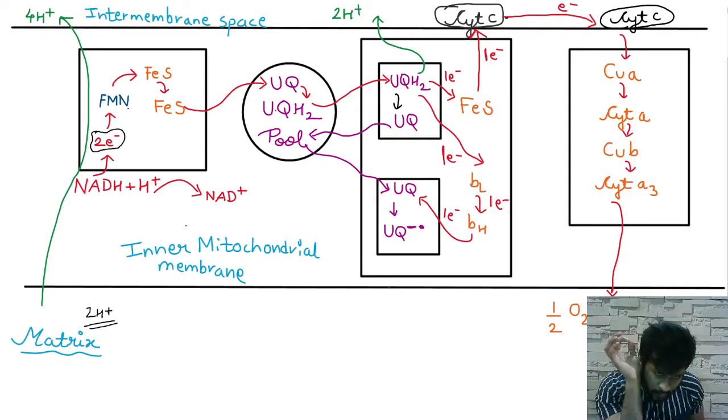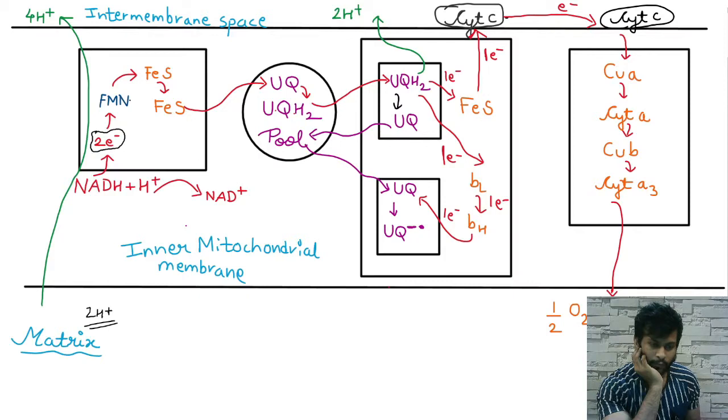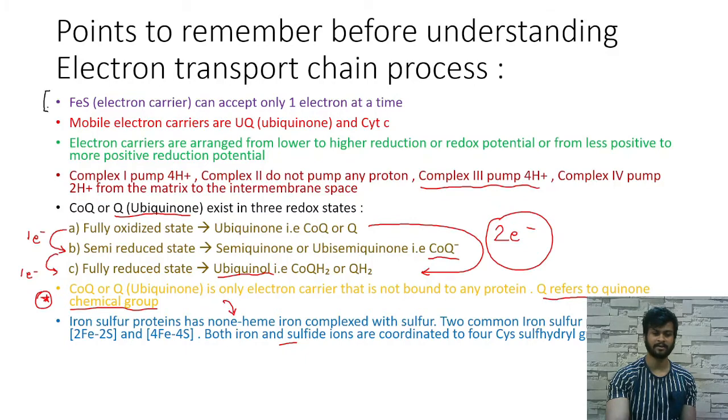These two electrons will be accepted by FMN electron carrier, which will get converted into FMNH2, that is reduced state. Then FMNH2 will pass one electron to FeS, because we have studied in the last slide that FeS can accept only one electron at a time.